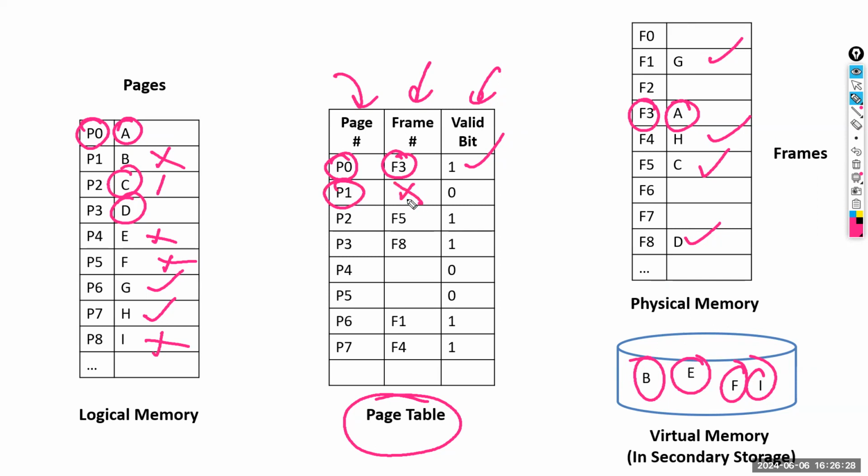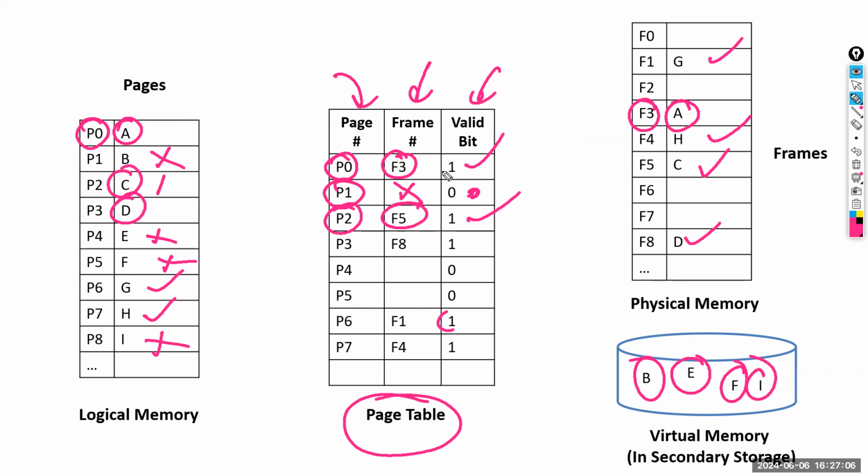Therefore the valid bit is 0. Then page 2 is mapped to frame 5, and the valid bit is 1. Now you should be able to understand it. For some pages there is no frame number, which means the valid bit is 0. For some pages there is a corresponding frame number, and then the valid bit is 1. So valid bit 0 means those pages are in the virtual memory.